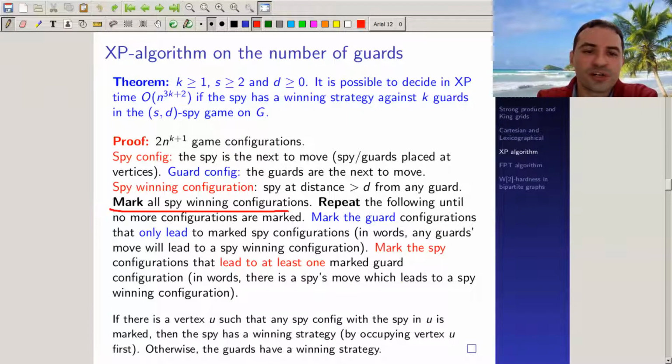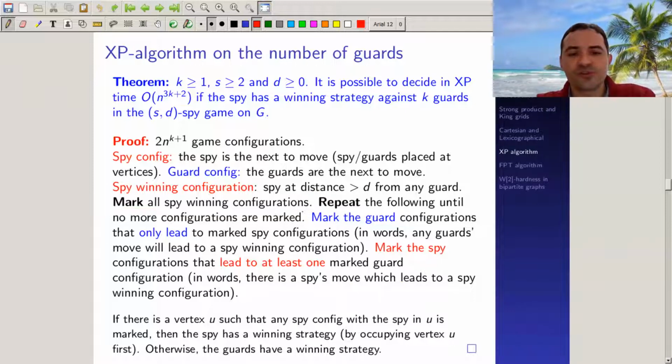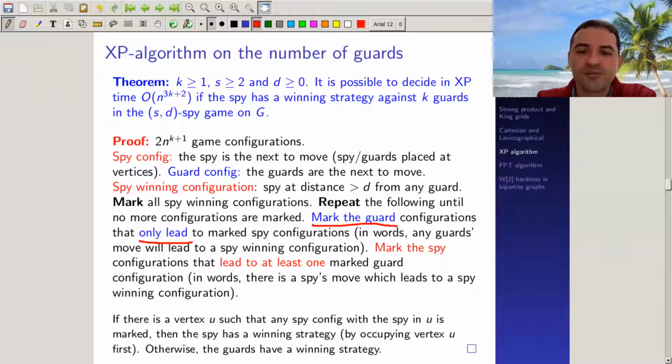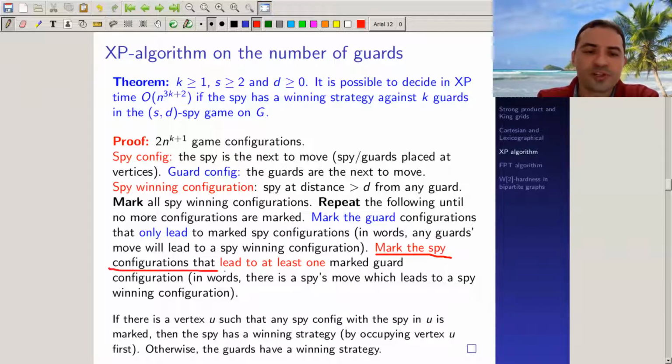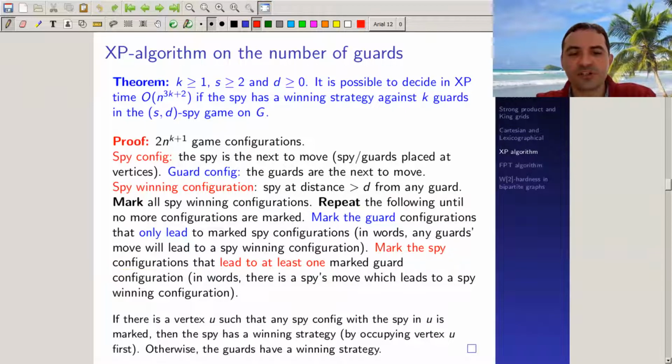We initially mark all spy winning configurations, and we repeat the following until no more configurations are marked. Mark the guard configurations that only lead to marked spy configurations. That is, any guard's move will lead to a spy winning configuration. Then we mark the spy configurations that lead to at least one marked guard configuration.